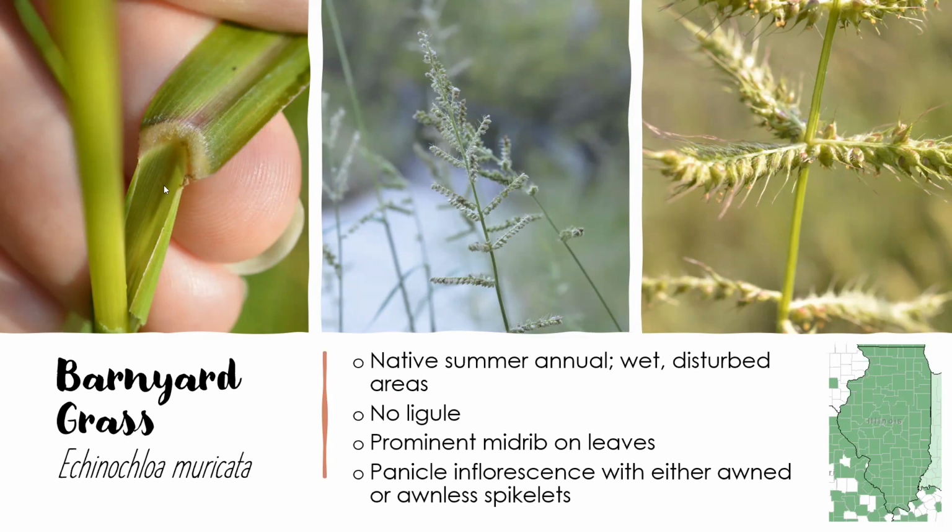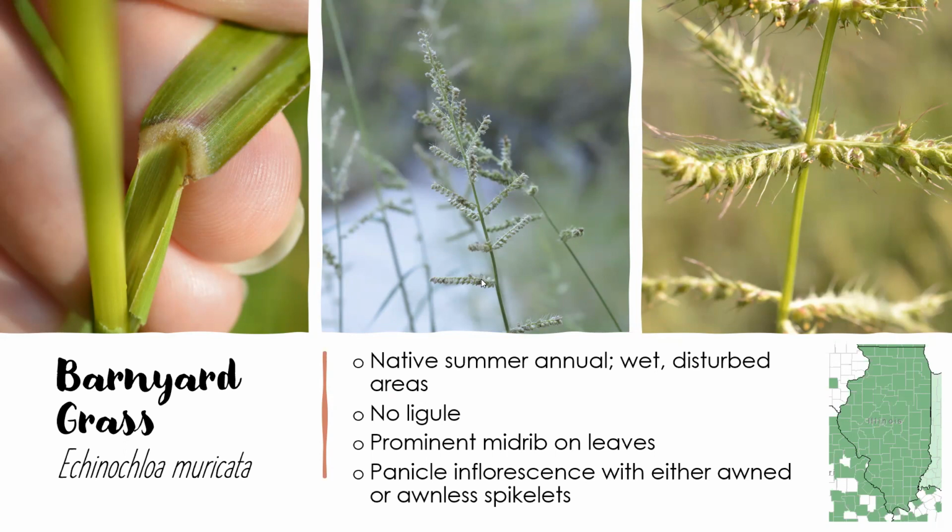I didn't include just an individual picture of the leaf, but you can see right here that there is a vein that is super prominent. It's kind of clear in color, but you can definitely see that difference from the green leaf blade. And then this grass has a panicle inflorescence, okay? So again, remember that shape of that open, airy panicle. In this case, we've got all our spikelets directly attached to those branches.